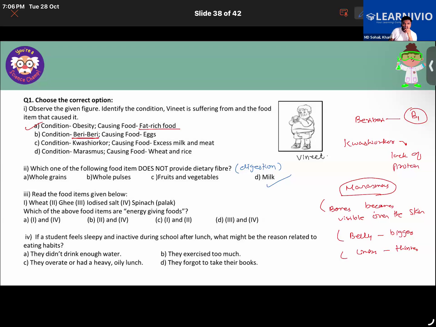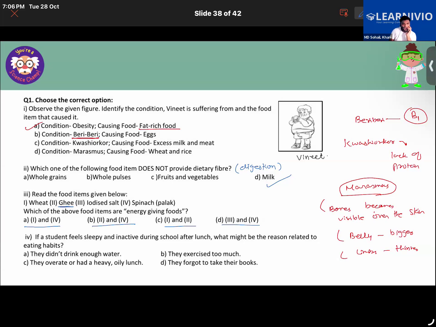We have learned that there are two types of food that are energy giving in nature. Wheat, and you have to pick two options. Salt does not give energy. Do you know what ghee is?